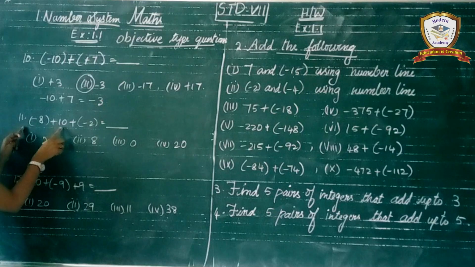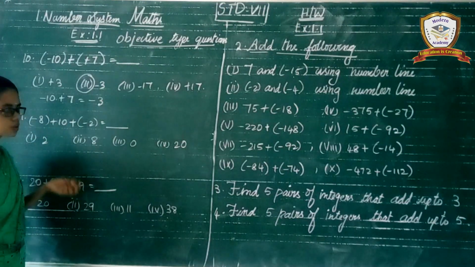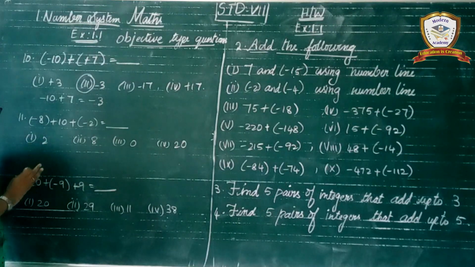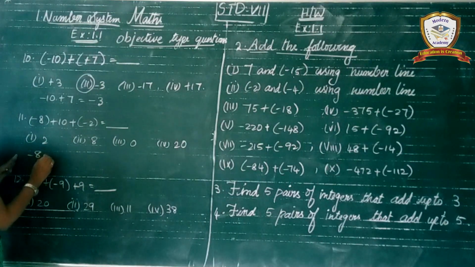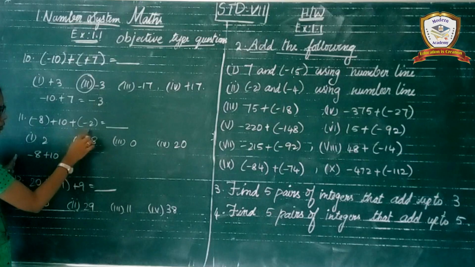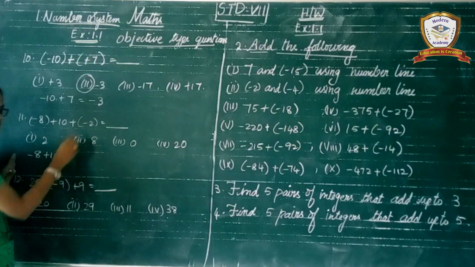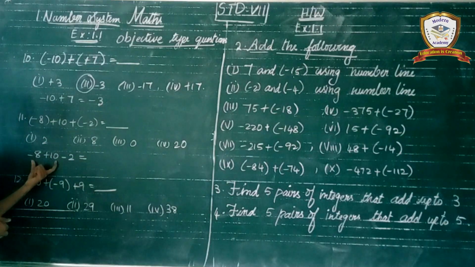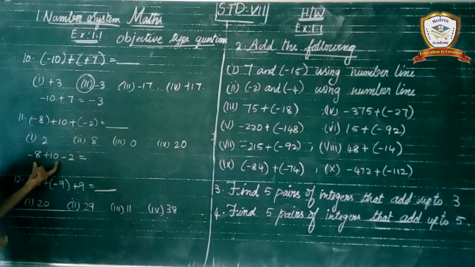And next, 11th one. Minus 8 plus 10 plus or minus 2. So we have to simplify. So these we want to add and finally we get the answer. So minus 8 plus 10, we remove the bracket. So plus into minus, minus 2 equal to. So first these two we want to reduce. So both are different sign. So we want to subtract the number.